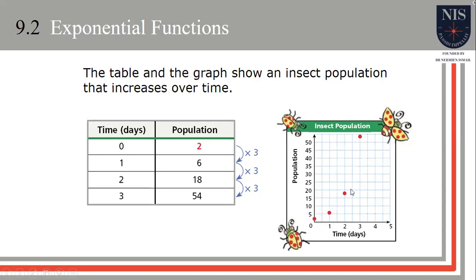If I want to graph it, did you see the graph? It's like a curve, right? Then the points are 0 and 2, 1 and 6, 2 and 18, and then 3 and 54.